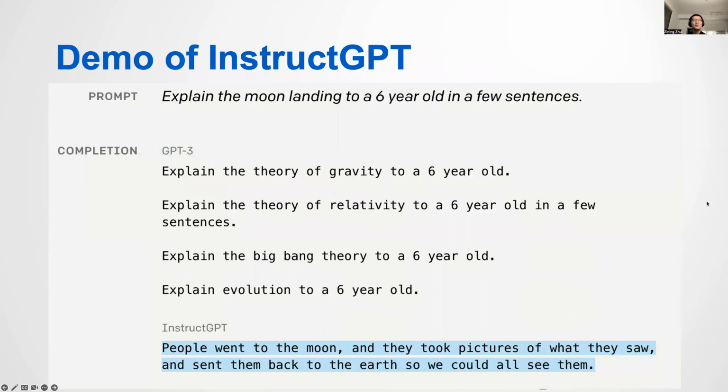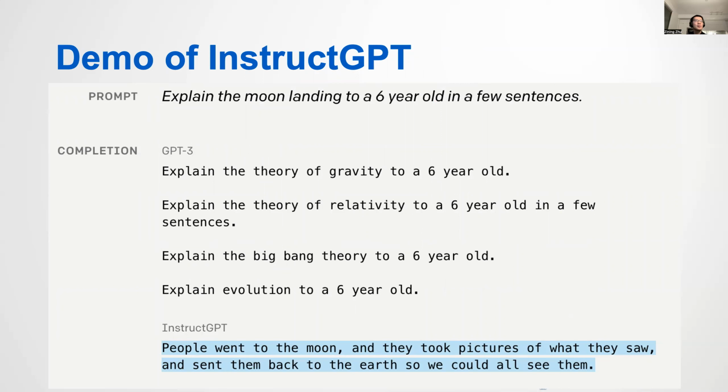Here is a demonstration of InstructGPT. InstructGPT was the version of GPT-3 that was trained on human demonstration plus reinforcement learning feedback. The prompt is: explain the moon landing to a 6-year-old in a few sentences.